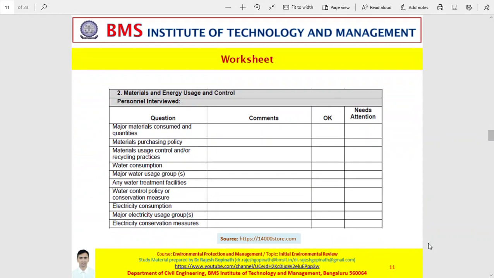Part 2 deals with materials and energy usage and their control. Again, in this part, the information has to be collected by interviewing the working personnel, and details of all those personnel who have been interviewed have to be mentioned.